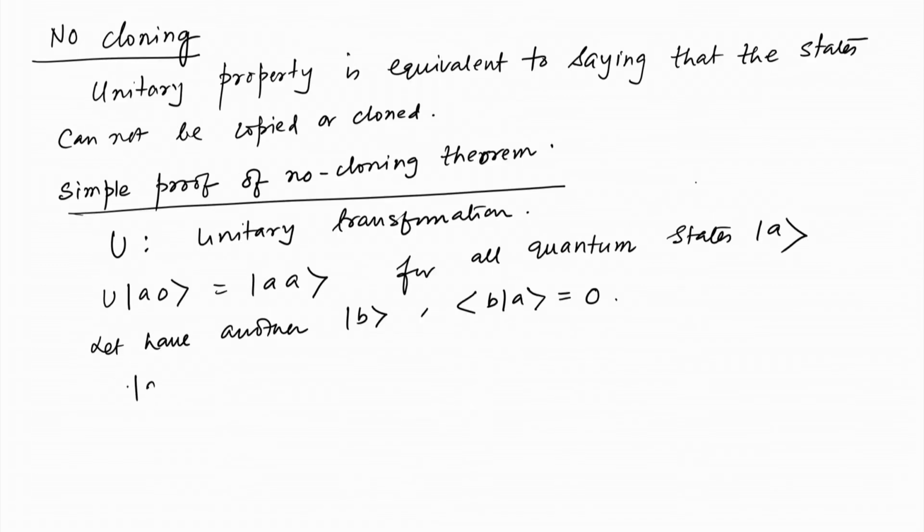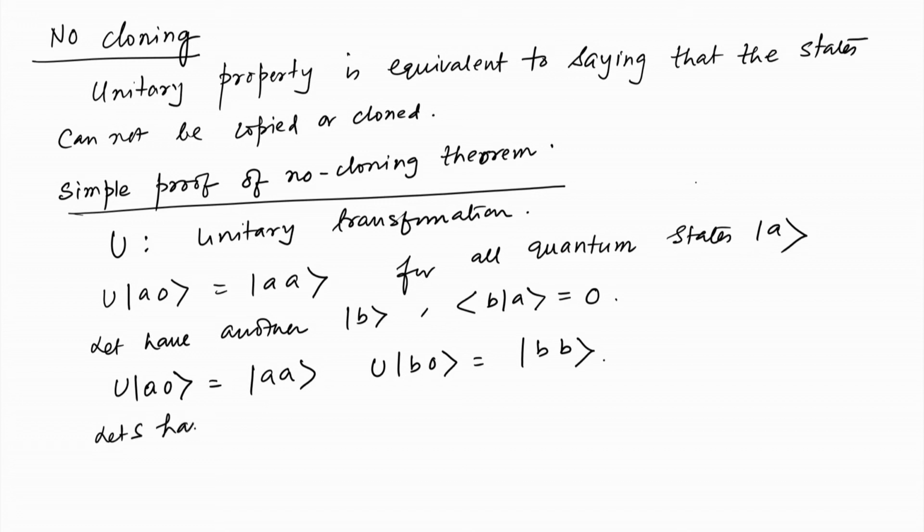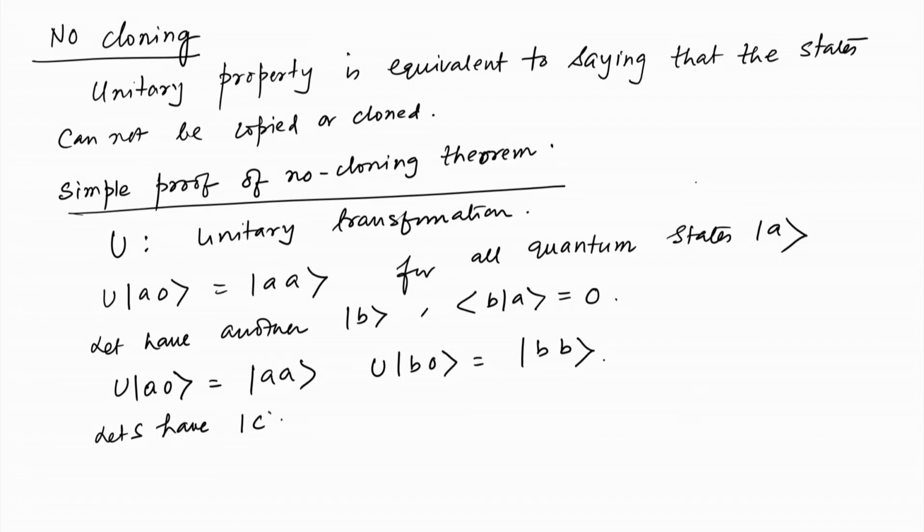So U on A0 creates A, and U on B0 creates B. Let us say we have a C, which is equal to 1 by root 2 times the superposition of A plus B. So, that is a new state. This is by linearity.